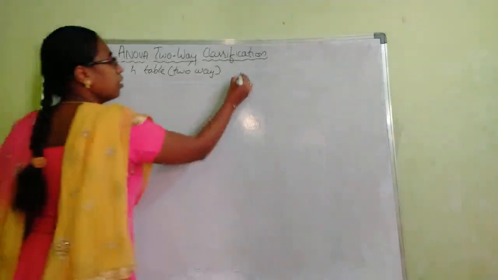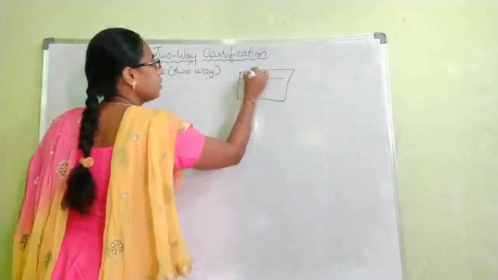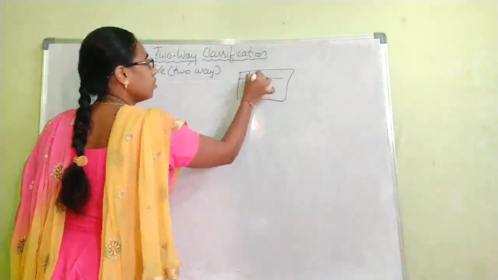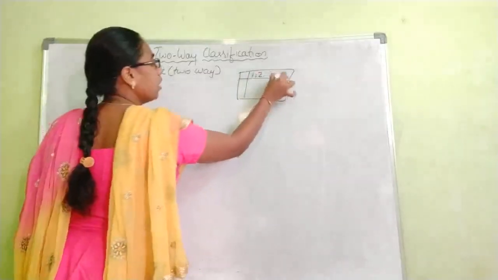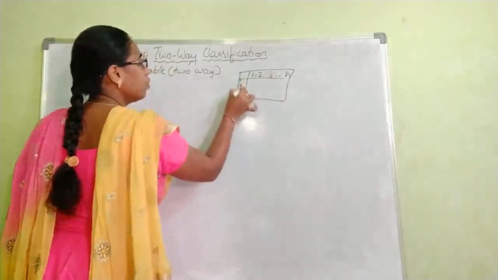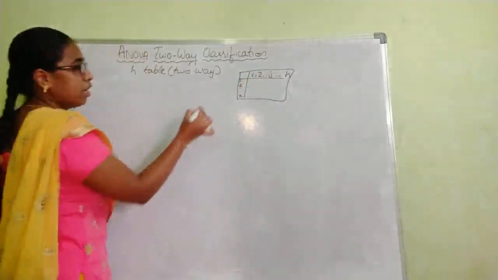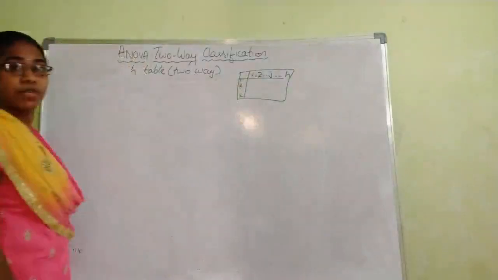So total observations, you will be having your block like this, 1 to H, 1 to K. So you will be having different observations like this.